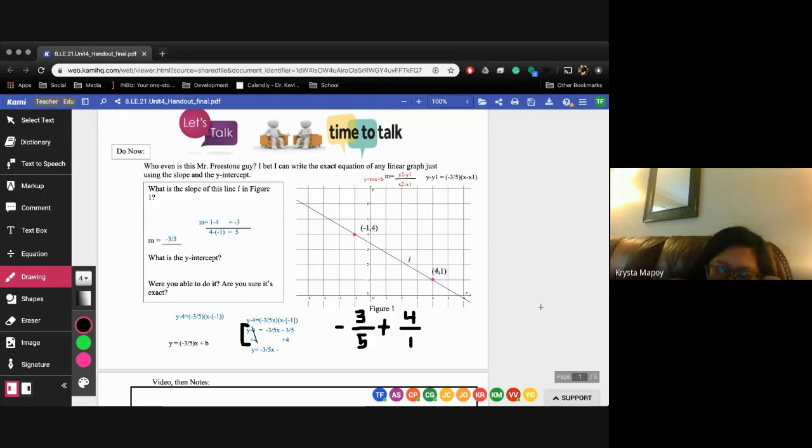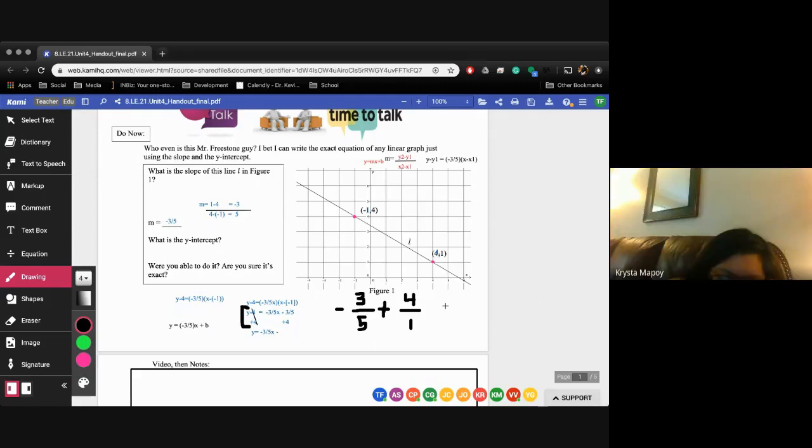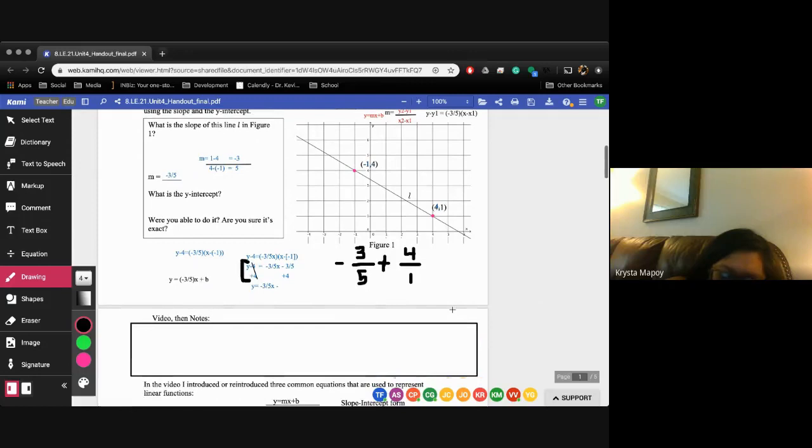Yep. Okay. So Sierra said that the common denominator should be 5. Awesome. So how would we get that second fraction to have a denominator of 5? What do we have to do?